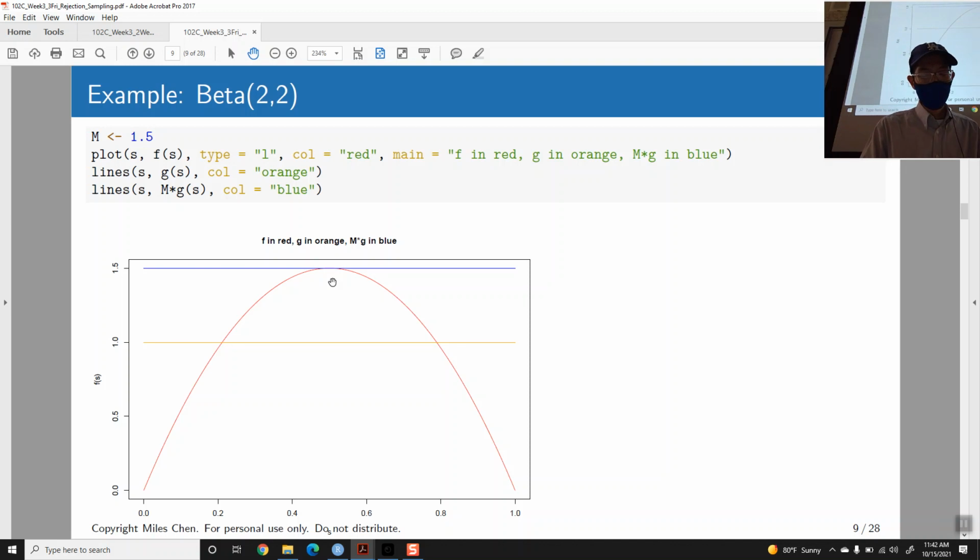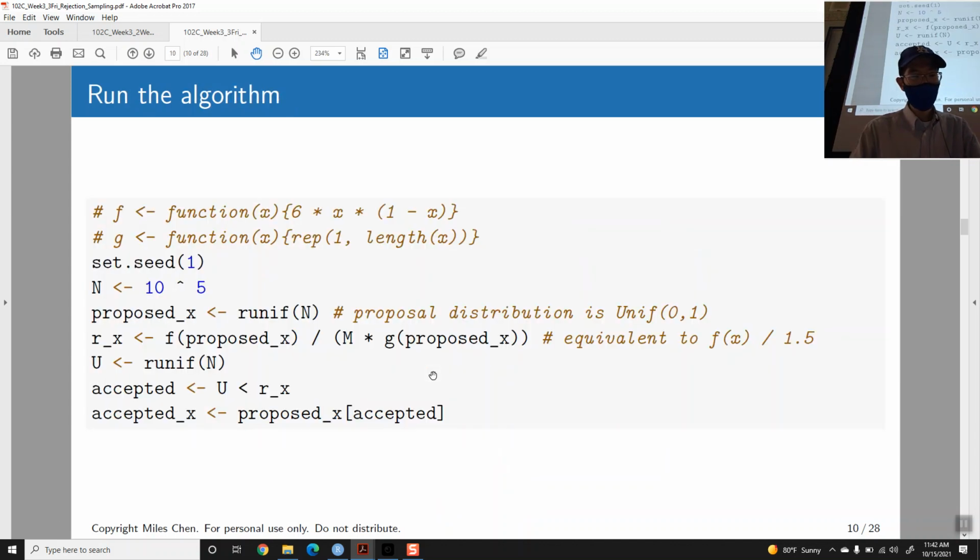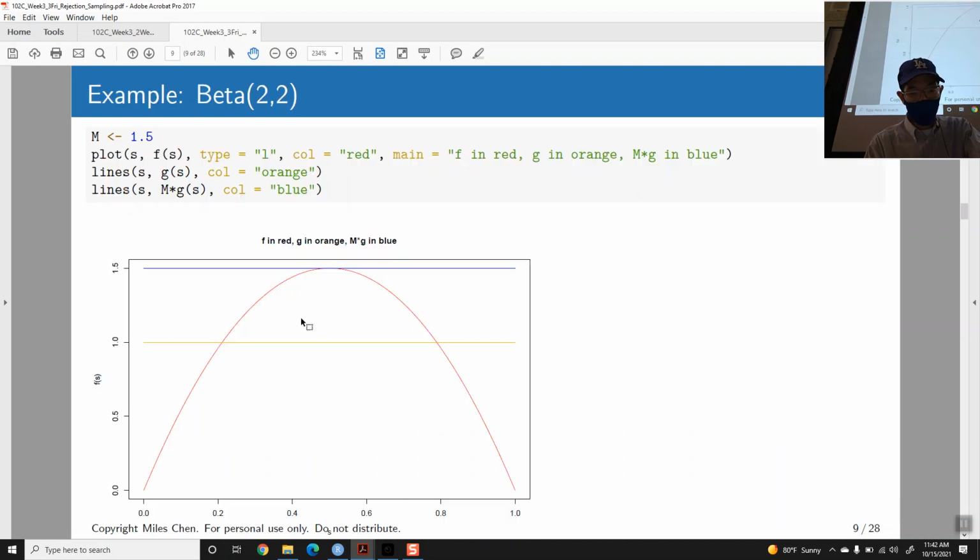Now I'm going to generate random uniform values, multiply by that constant m, and accept only the values if the random u ends up less than this ratio. I'm generating 100,000 values from the random uniform, and we calculate the ratio, which is basically the red line divided by the blue line.